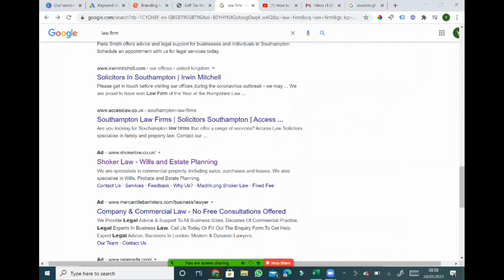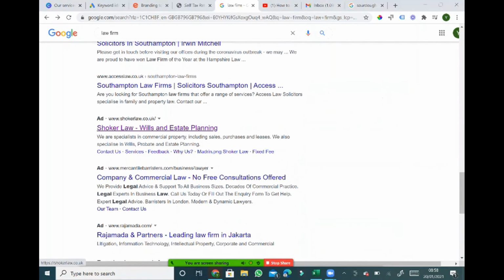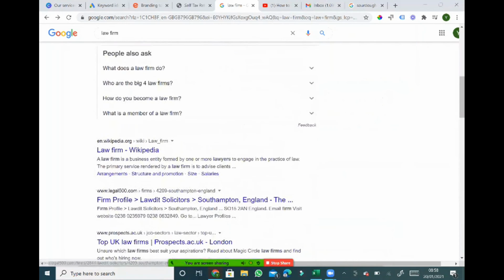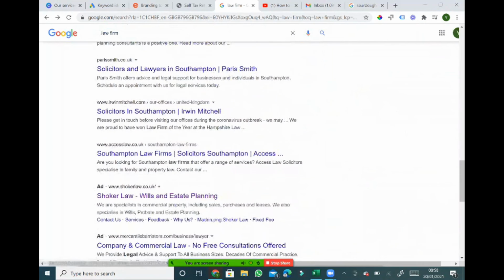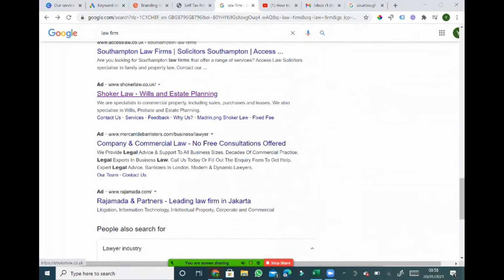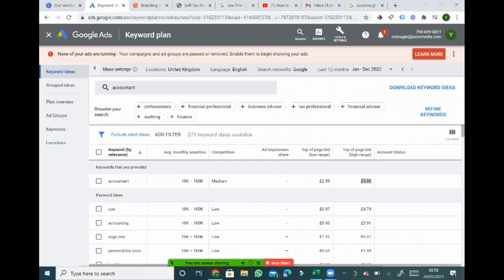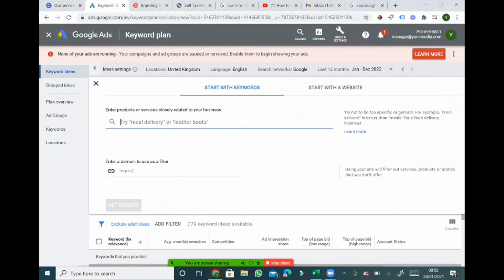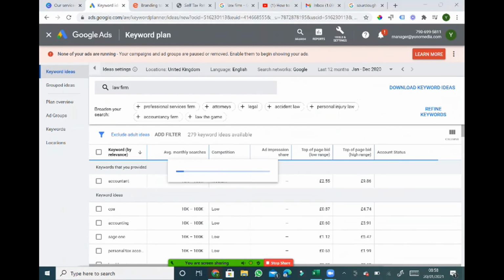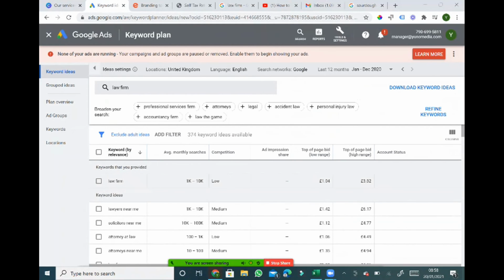Now, I am hoping that no one's got anything to do with this law firm, because this is an example of where I've typed in law firm and this advert has come up. And if we look at law firm, so I typed in keyword ideas, and if I typed in law firm and had a look at that, they could potentially be paying up to £3.32 per click on this advert.